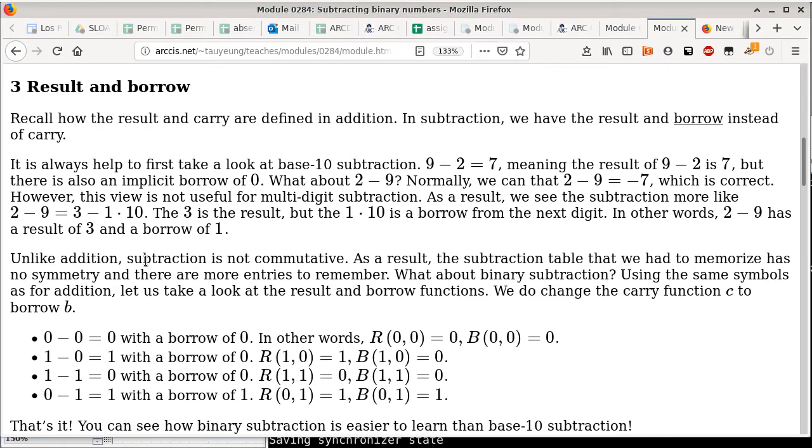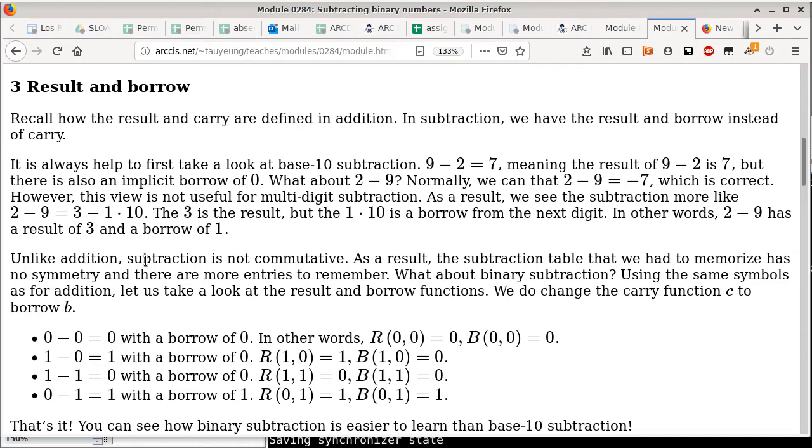In base 2, base 10, base 7, they all work out the same way. 1 minus 1 is 0. Does it make sense? Cool. So the only one that is tricky is what if we have 0 minus 1? In base 2, 0 minus 1 is 1. The result is 1 with a borrow of 1. All the other 3 cases have a borrow of 0. This is the only case when we have a borrow of 1.